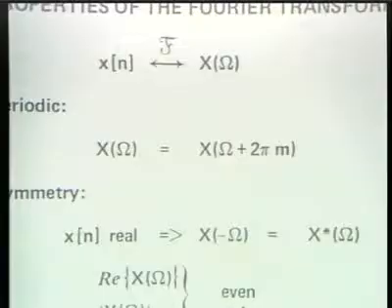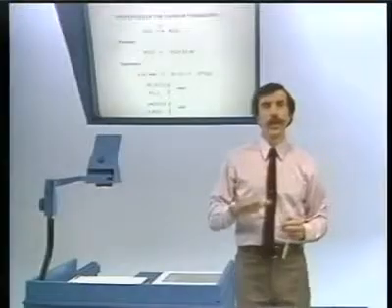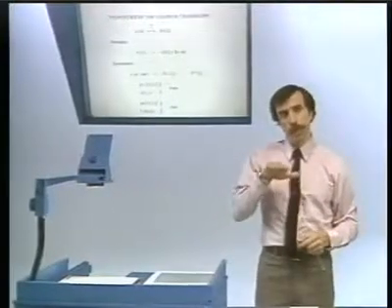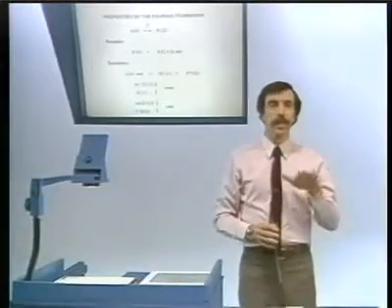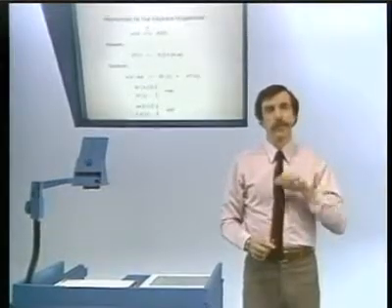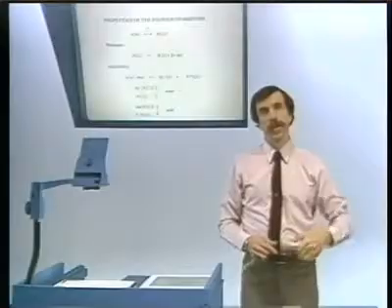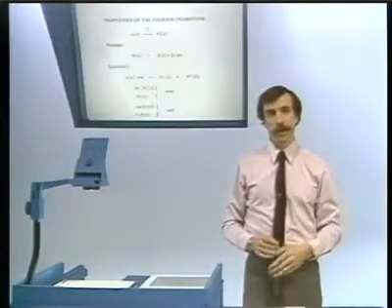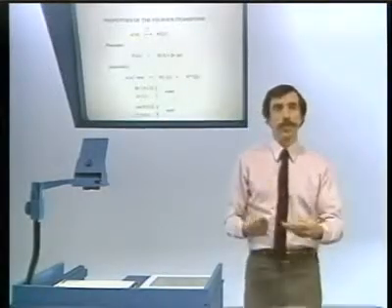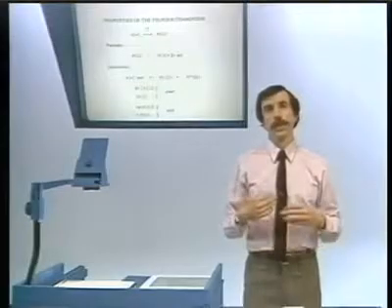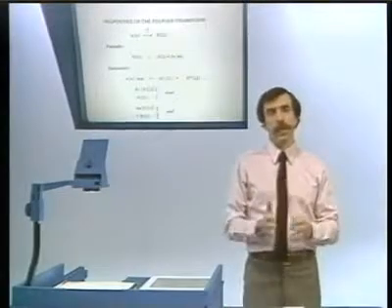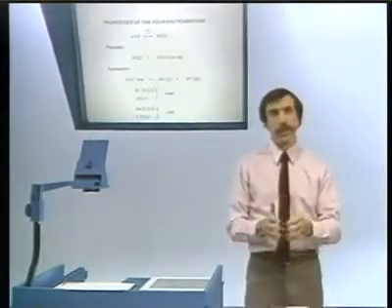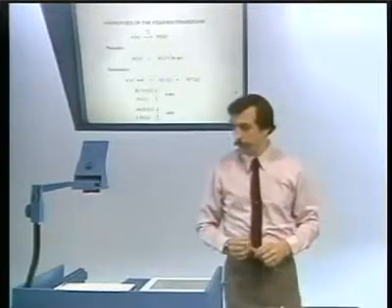And I stress again that the underlying basis for this periodicity property is the fact that it's the set of complex exponentials that are inherently periodic in frequency. And so, of course, any representation using them would, in effect, generate a periodicity with this period of 2 pi.